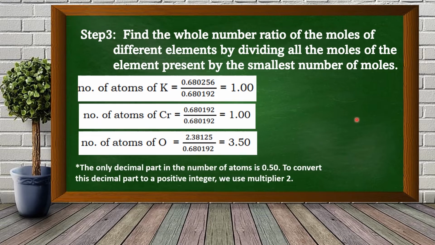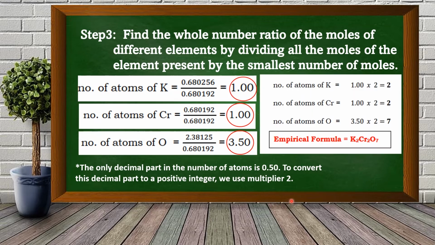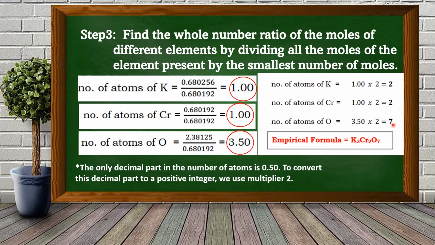Take note that the only decimal part in the number of the atoms is 0.50. To convert the decimal part to a positive integer, we use the multiplier 2 to make it a whole number. So, when we multiply these values by 2, it will become 2, 2, and 7.